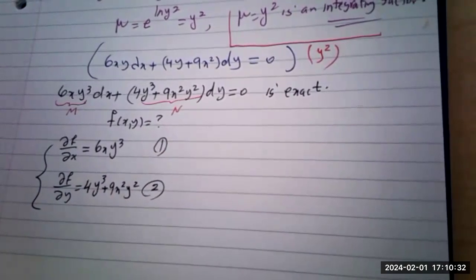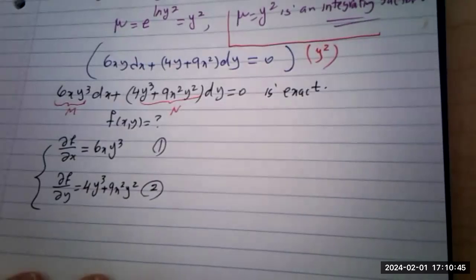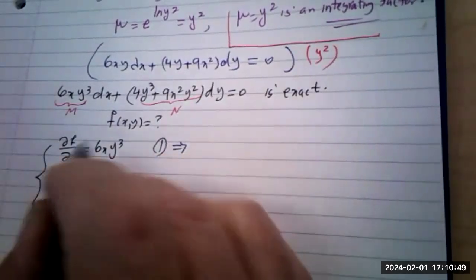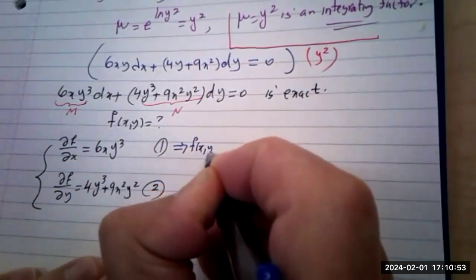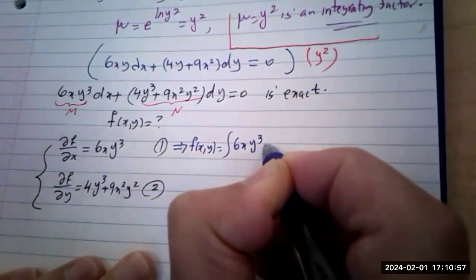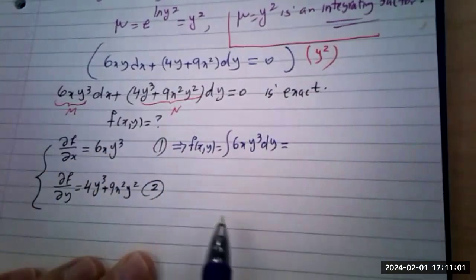Start integrating the first one. The second one, I'm going to pick the first one. I integrate the first equation by x, so I have a constant as a function of y. So f of x comma y is the integral of 6xy cubed, with respect to y.